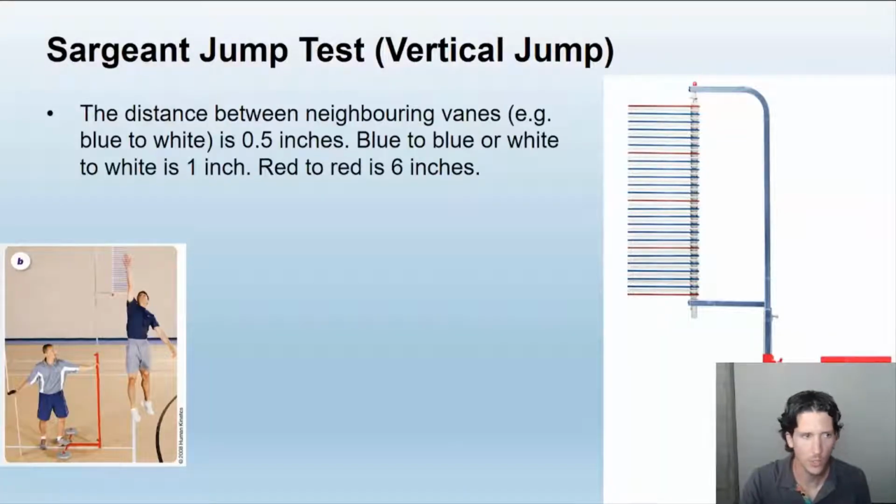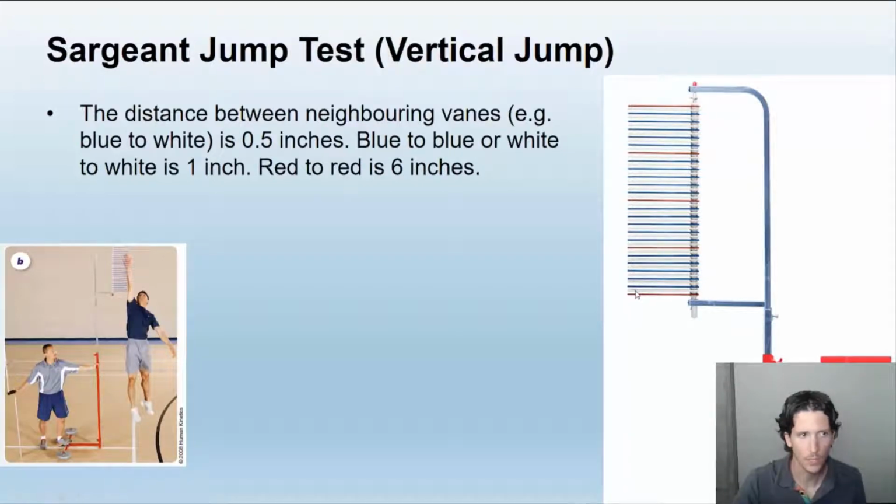How we actually record the trial is by using the distance between the neighboring vanes, these little markers on the Vertec system. Between the blue and the white vanes, and it's hard to see the white ones, but there are white ones here, the distance is 0.5 inches.